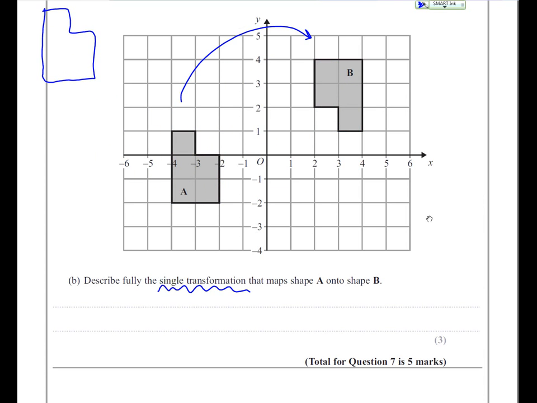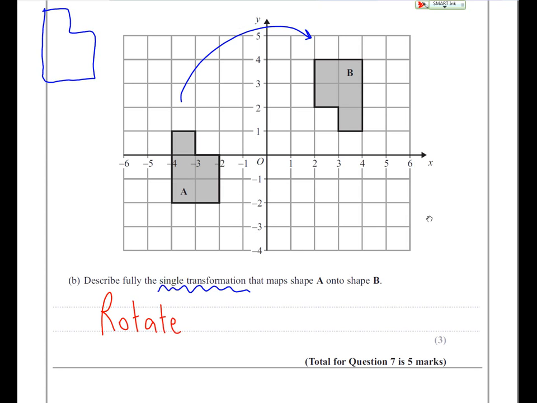It's the same shape, it's not been enlarged, and it hasn't been reflected, because if we reflect, then we're not going to get it spun around, which is what's happened. So, spun around is a term to say rotate, a proper maths word. It's being rotated. Get 1 mark for that.